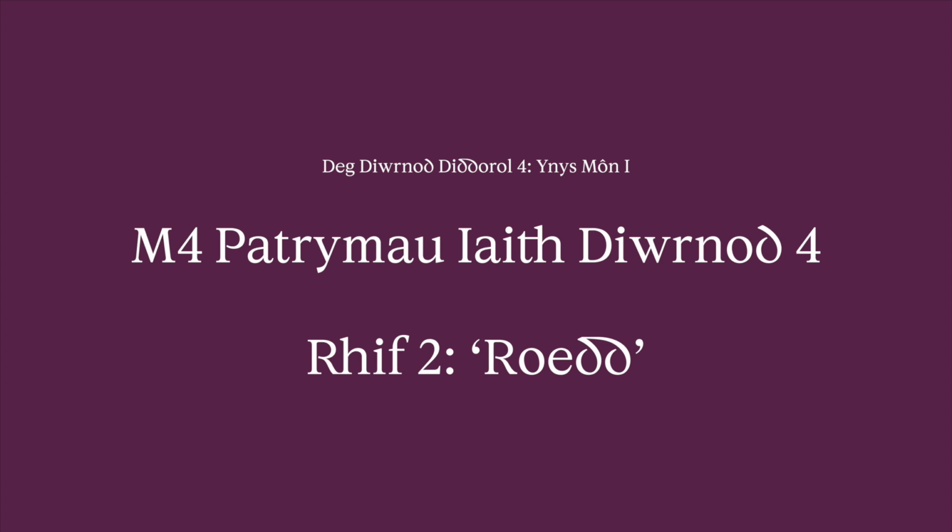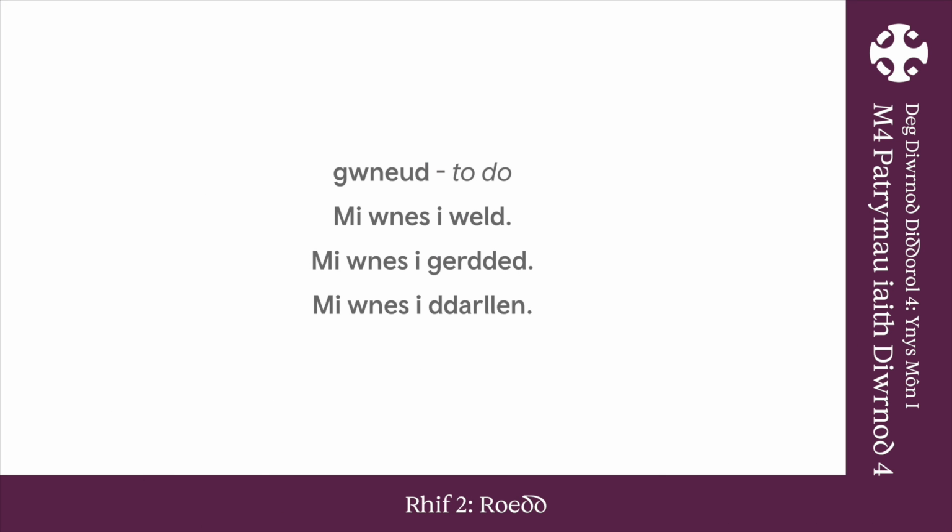Rhif 2. Roedd. Was. So far, there have been 2 different ways of expressing things in the past. Using gwneud, to do. Mi wnes i weld, I did see. Mi wnes i gerdded, I did walk. Mi wnes i ddarllen, I did read.